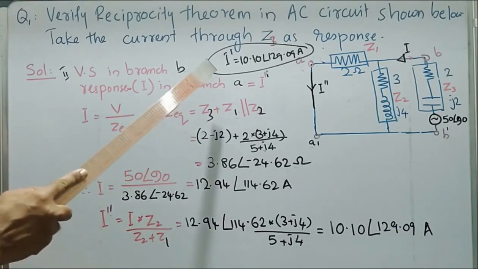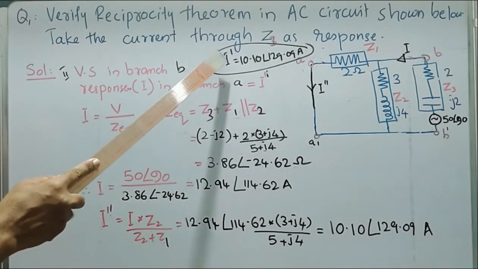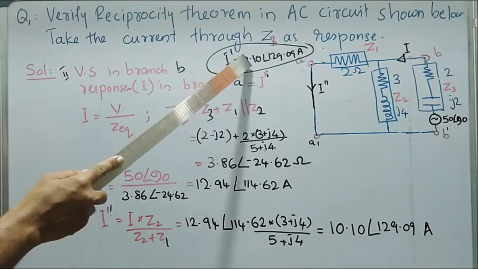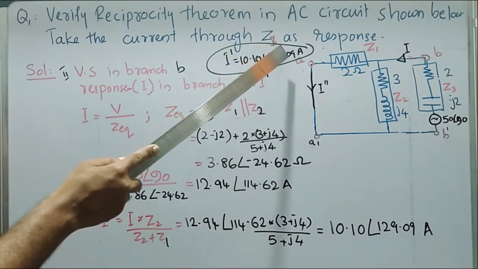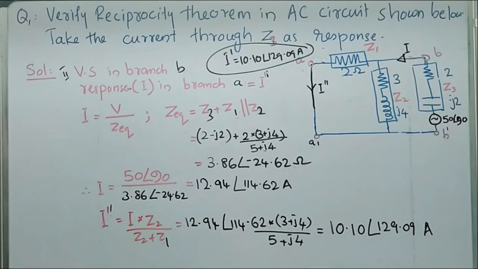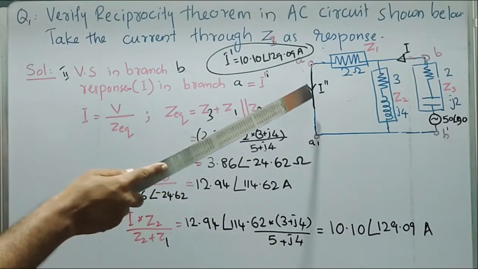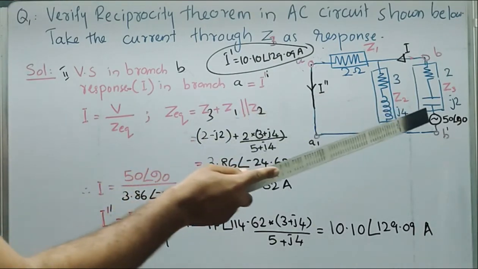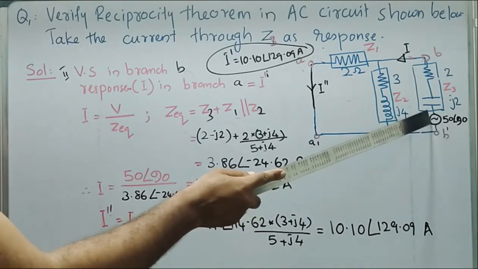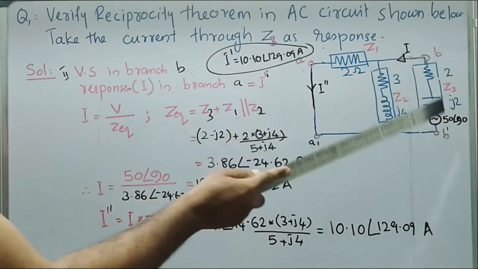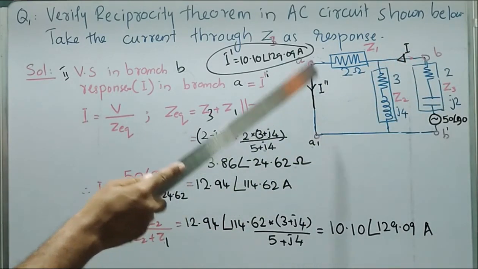In first case, we got response as I dash is equal to 10.10 angle 129.09 ampere. In next case, we removed the voltage source from here and connected here. Due to the application of this voltage source in branch B, we need to find out I double dash.